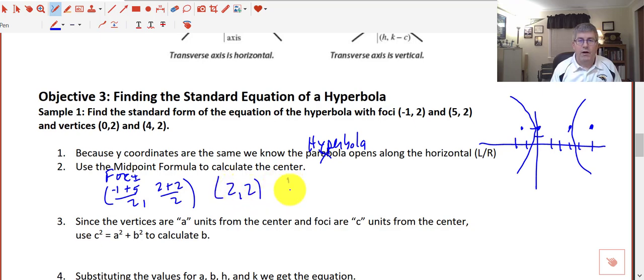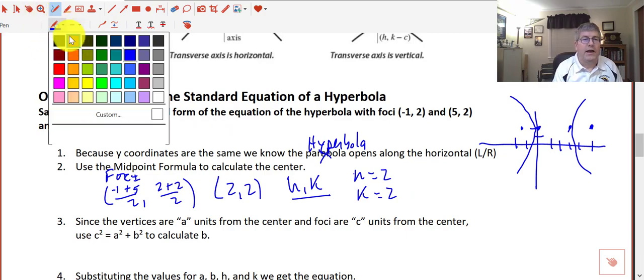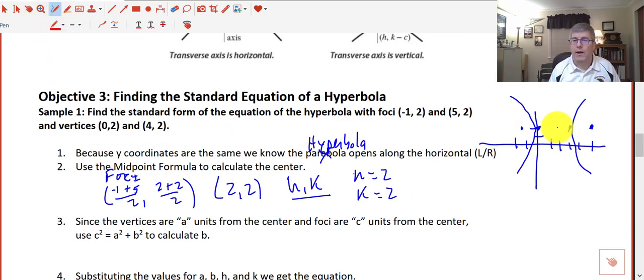So now I have found my h and my k are both 2 and 2. So h equals 2 and k equals 2. Since the vertices are a units from the center and the foci are c units from the center, I can use c squared equals a squared plus b squared to calculate b, or the denominator.